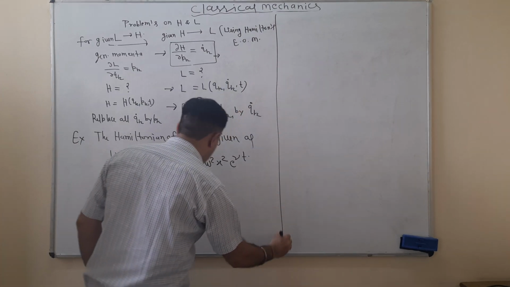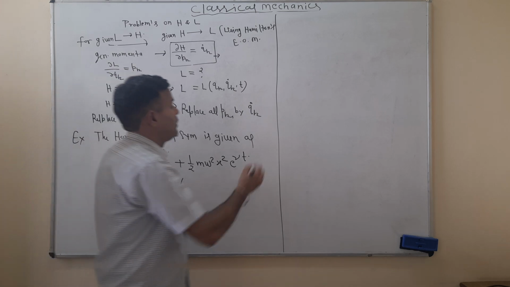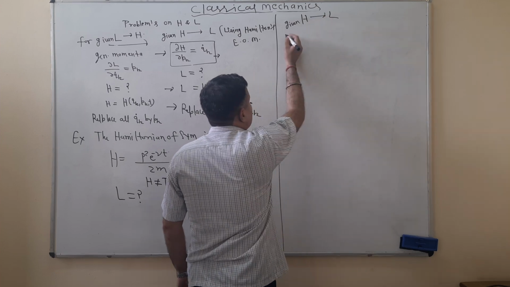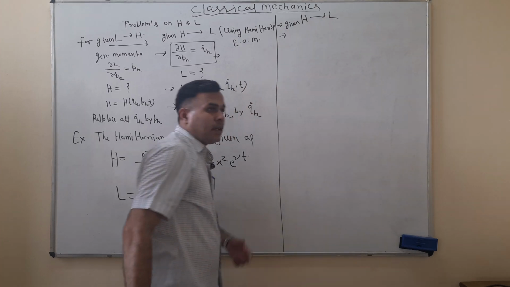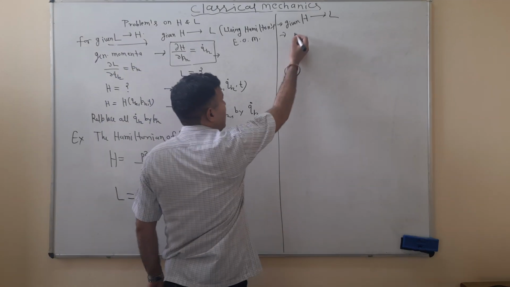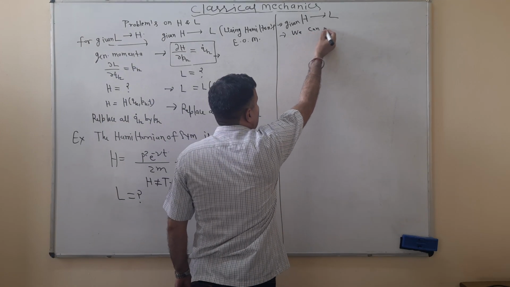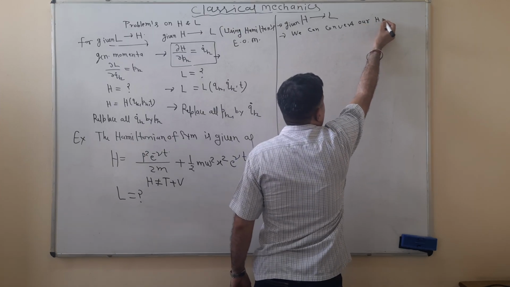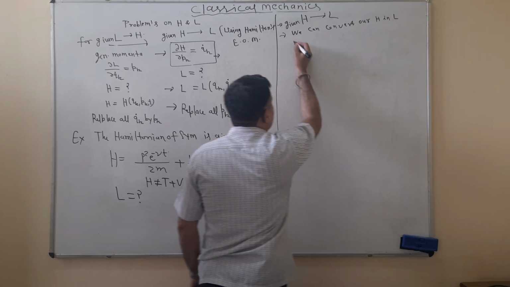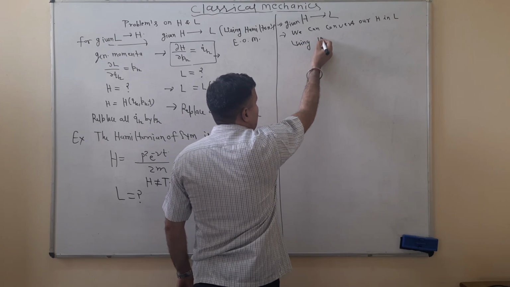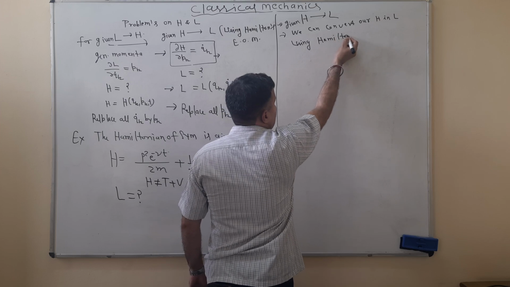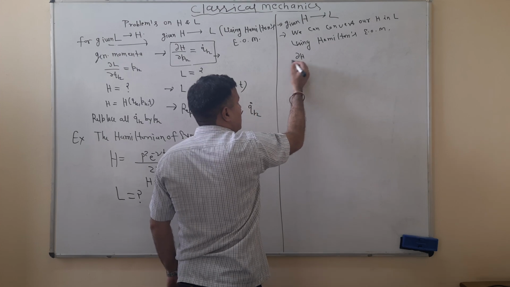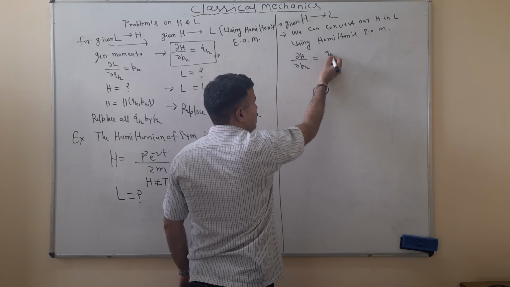So how to obtain? For a given H, obtain L. We have a very important tool, so we can convert our H into L using Hamilton's equation of motion, which is del H upon del Pk is equal to Qk dot.